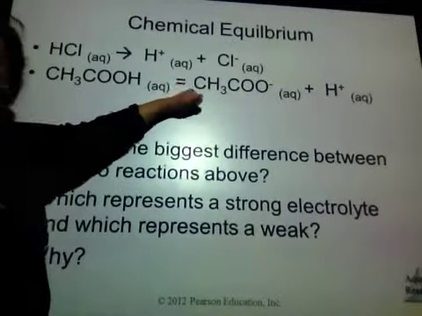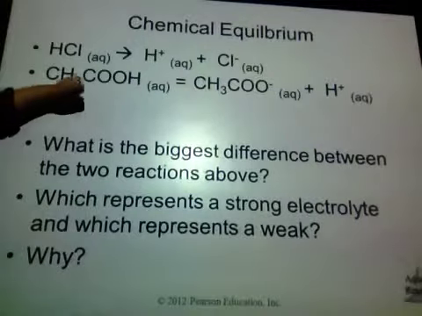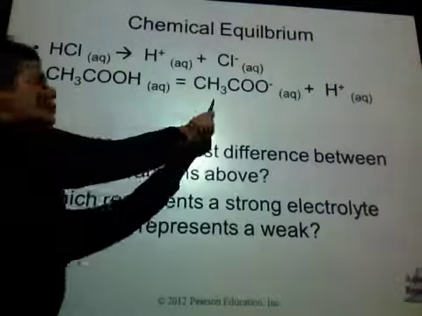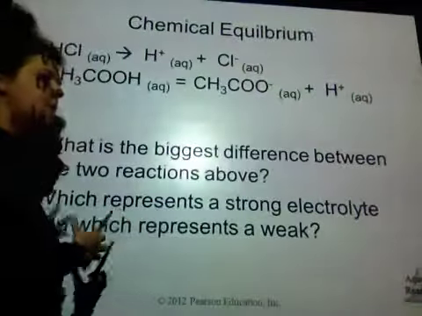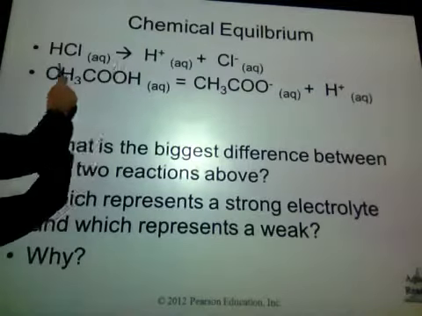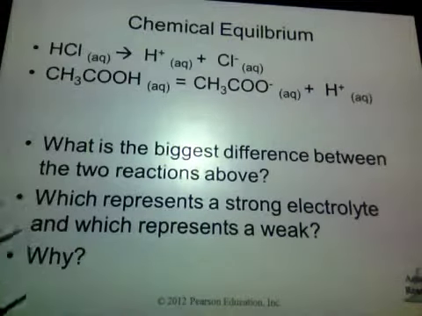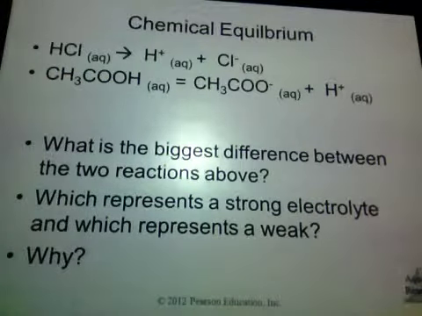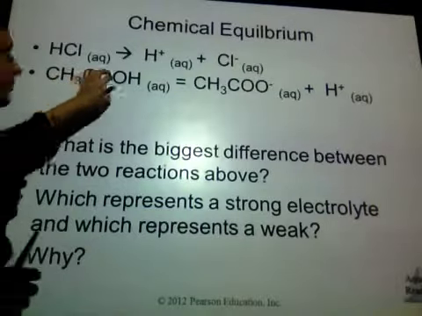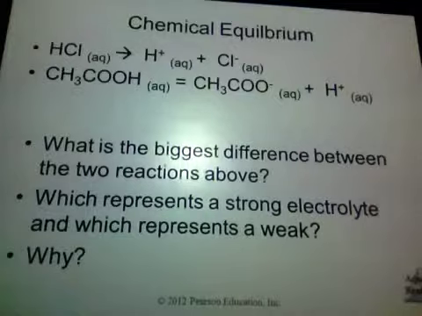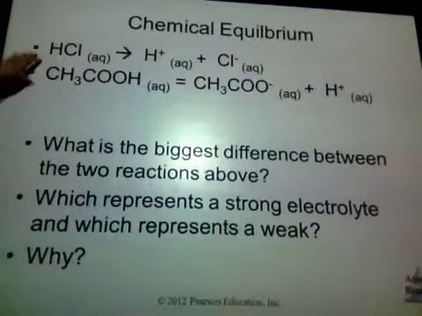When I see a double arrow, like I see in acetic acid's case, I get my two ions, so I have ions that I'm producing in this reaction, but I'm still going to have some acetic acid left over in my solution. I can't break down all of these acetic acid molecules to form these ions. So I'm still going to have this present, this, and this in the solution. So that's going to be our biggest difference between these two reactions here.